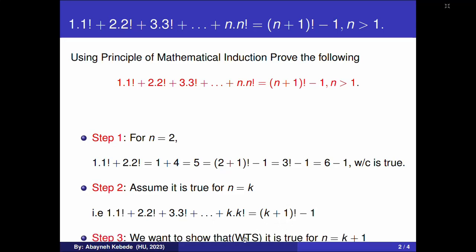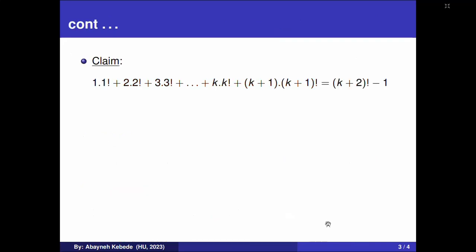Step 3. We want to show that it is true for n equals k plus 1. That means we need to show that 1 times 1 factorial plus 2 times 2 factorial plus 3 times 3 factorial plus k times k factorial plus (k plus 1) times (k plus 1) factorial is equal to (k plus 1 plus 1) factorial minus 1, that means (k plus 2) factorial minus 1.